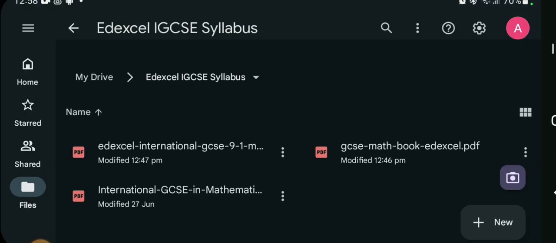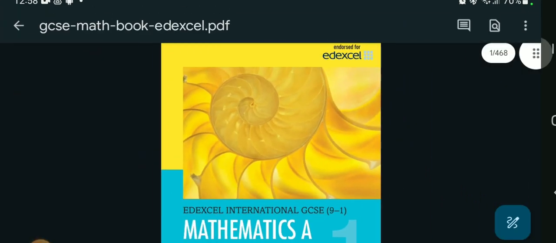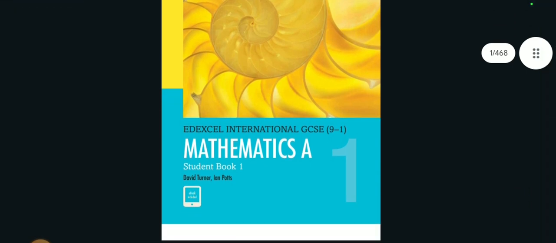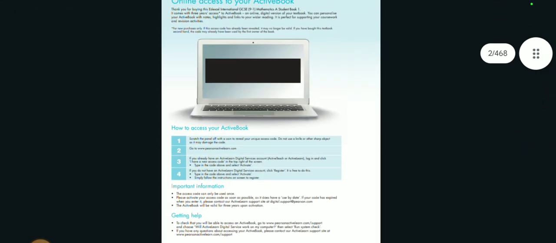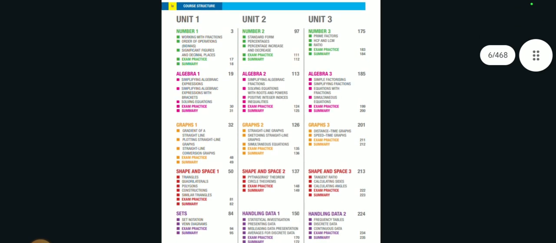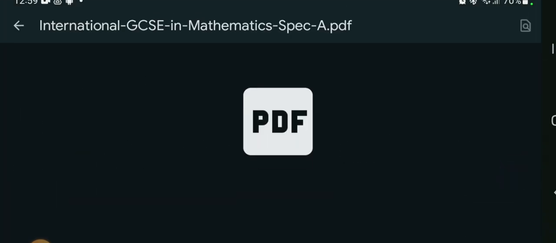Now let me give you a quick view of our book, which we are going to follow to some extent. This is your book 1 for your IGCSE. You can refer to this book as well. Then we'll have our second book, book 2.